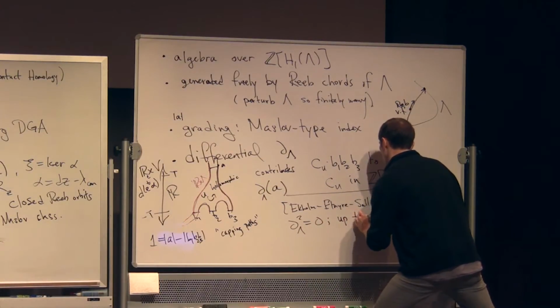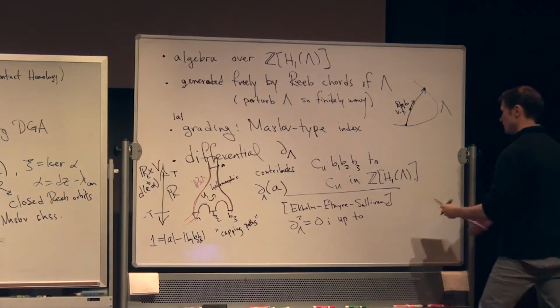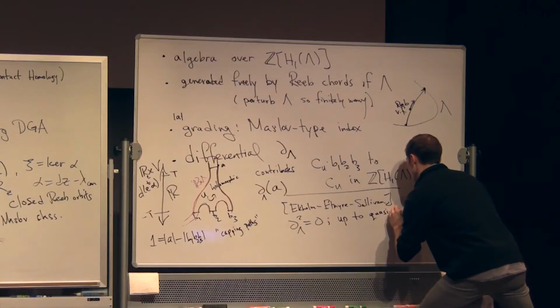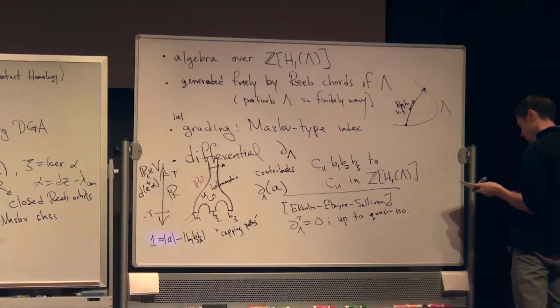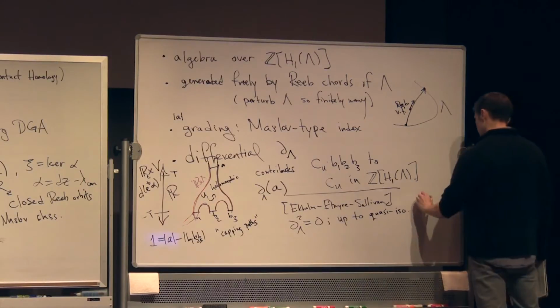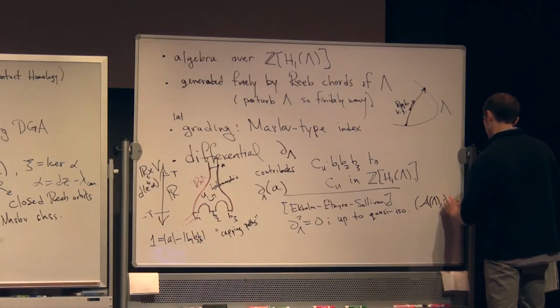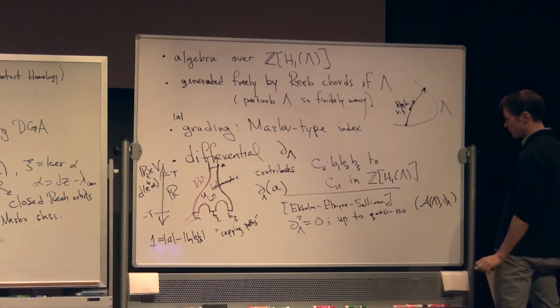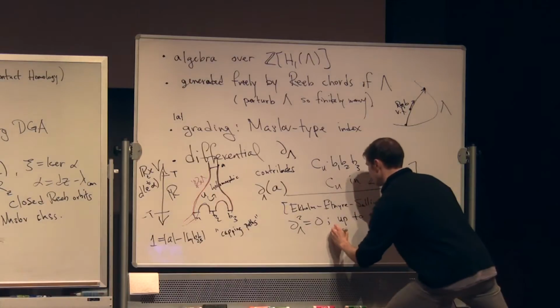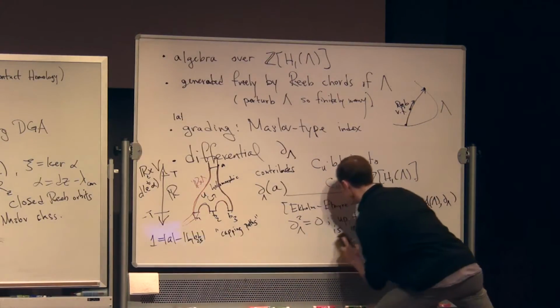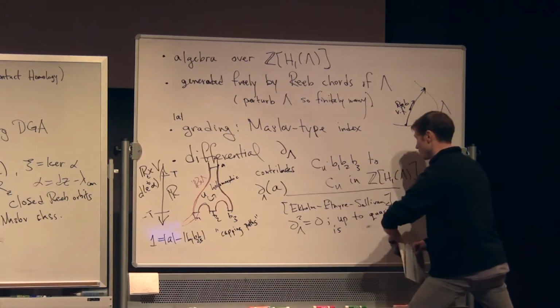And at least up to quasi-isomorphism and a more general notion of equivalence, actually, the algebra that you get with this map from the algebra to itself is invariant. First of all, it is well defined. There are a bunch of choices that were made.